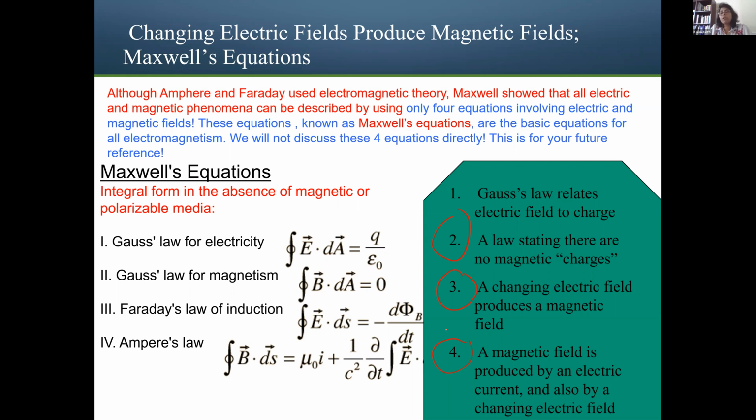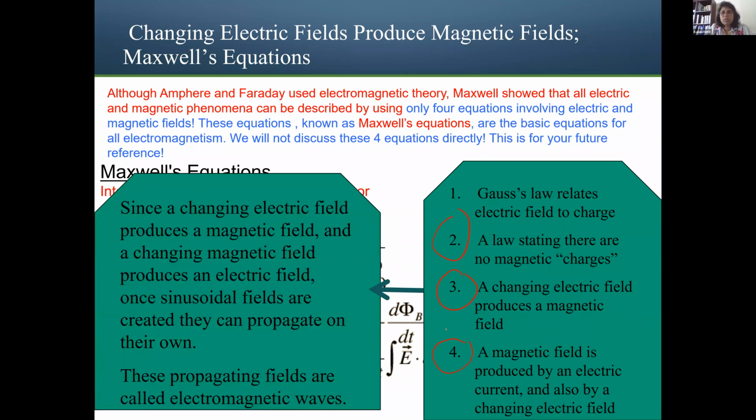These four are summarized into complex equations by Maxwell, and we call them Maxwell's equations. But in this chapter, we're going to focus on electromagnetic waves. After the derivation of Maxwell's equations, the whole four combine into one concept: a change in electric field produces a magnetic field, and a change in magnetic field produces an induced EMF, and these happen together.